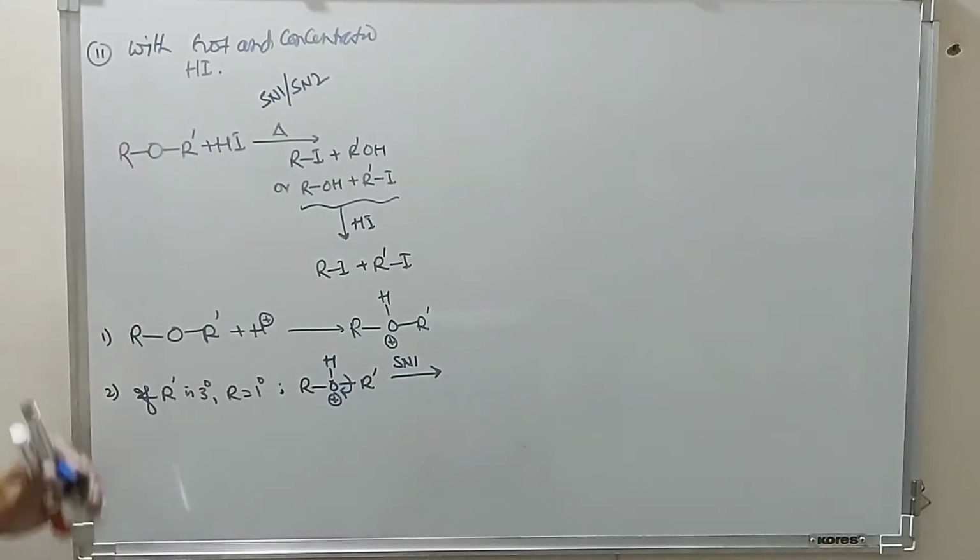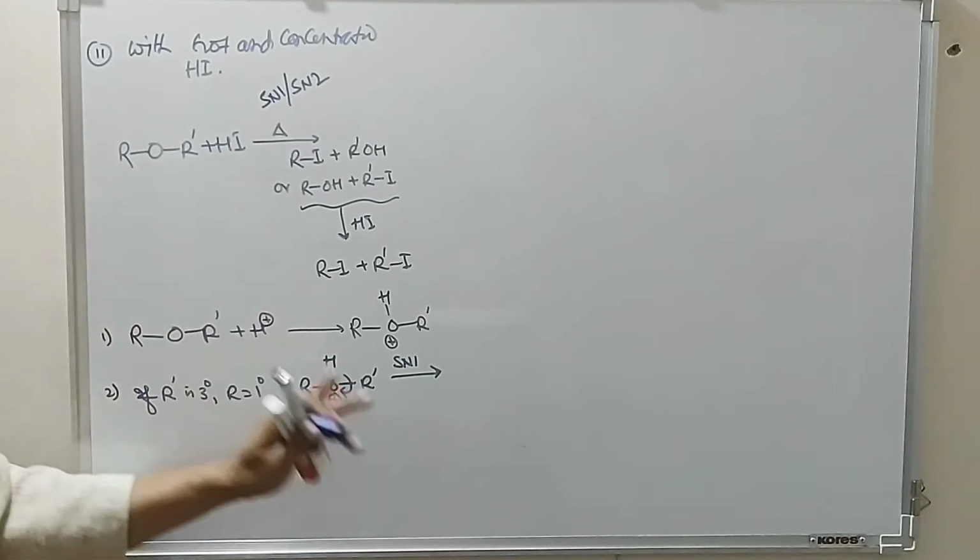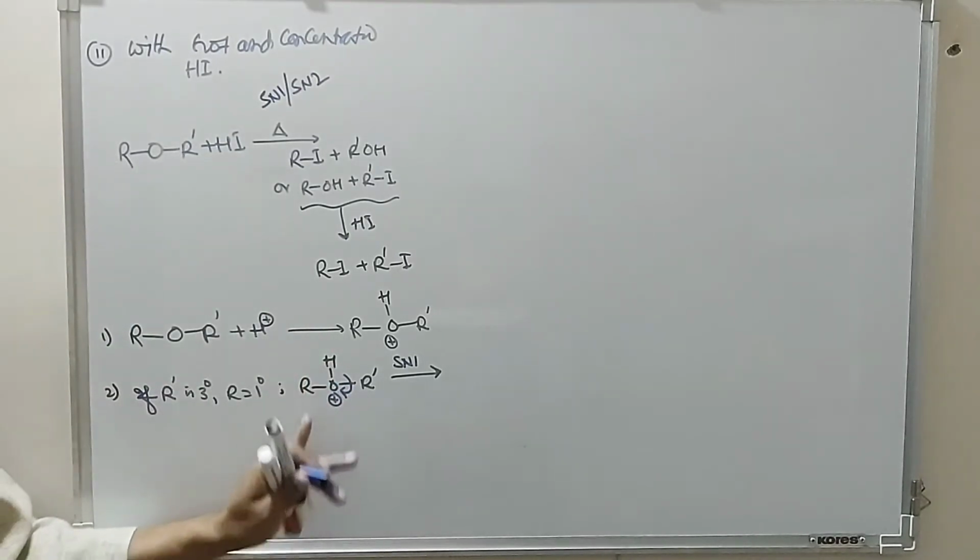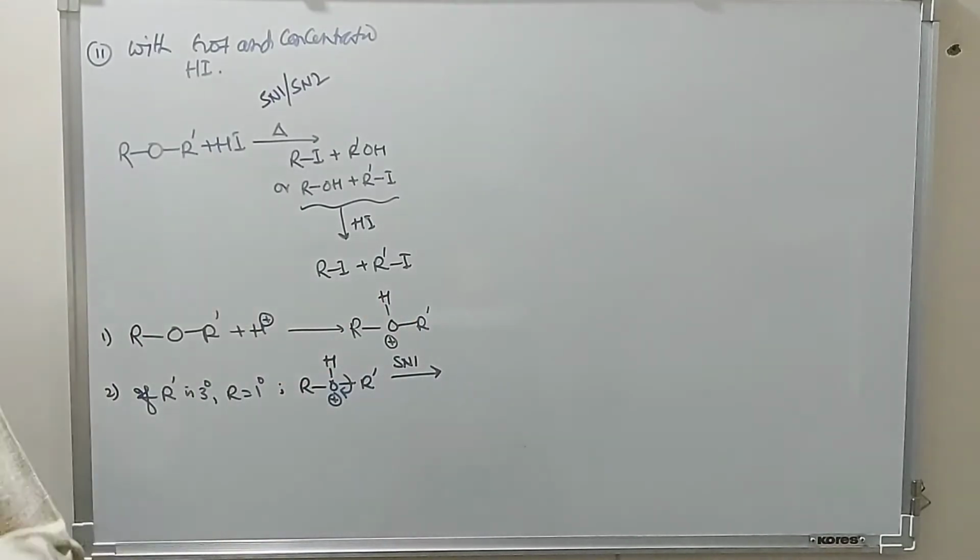So if any of these alkyl groups happens to be tertiary, then the reaction will proceed via formation of a cation, that is known as SN1.